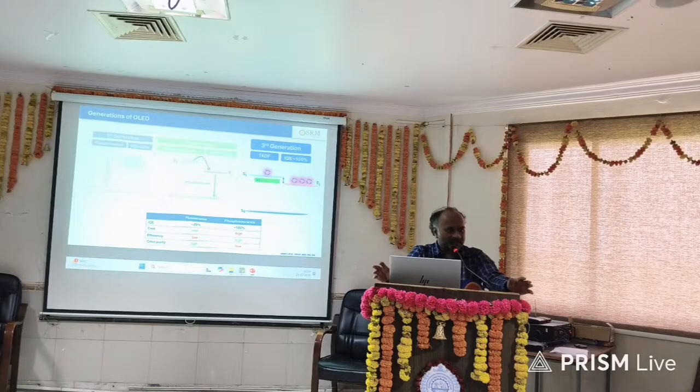But the problem with this phosphorescence is, in order to get the intersystem crossing, we have to use some metals. It's an expensive process. Basically, we don't want much phosphorescence either. So a new type of material was generated, introduced in Japan.